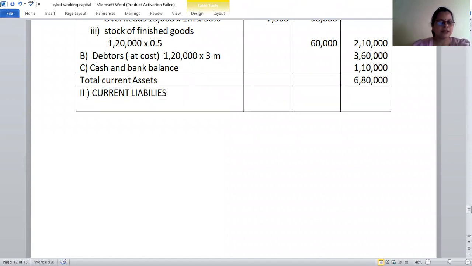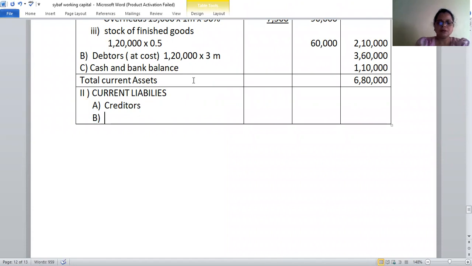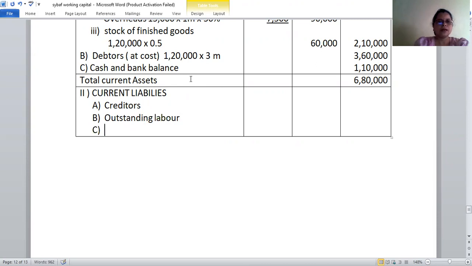In current liabilities, A will be creditors, B outstanding labor, and C outstanding overheads.